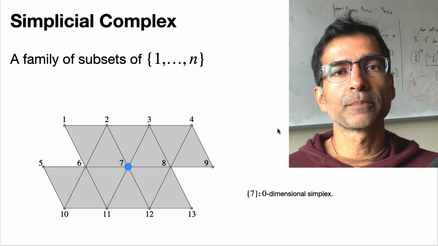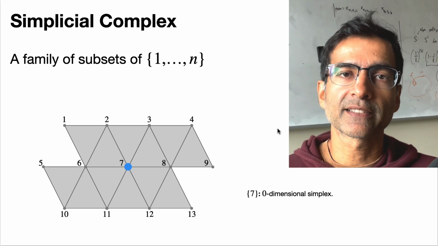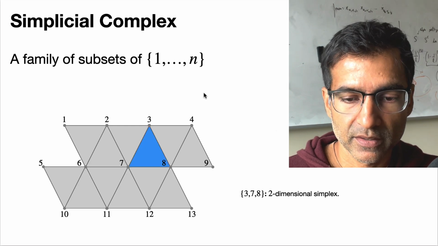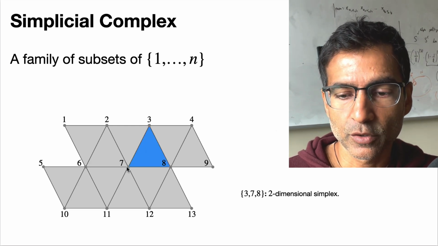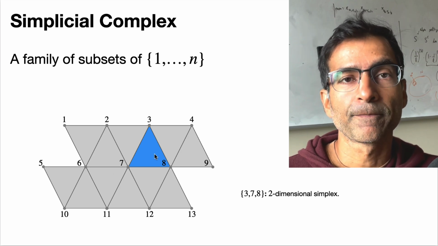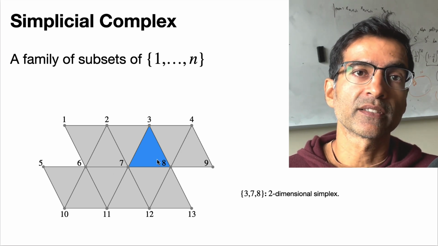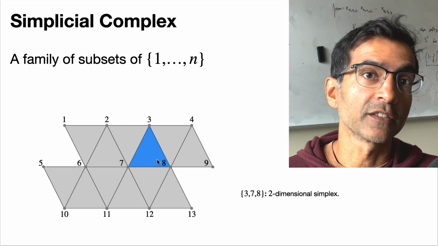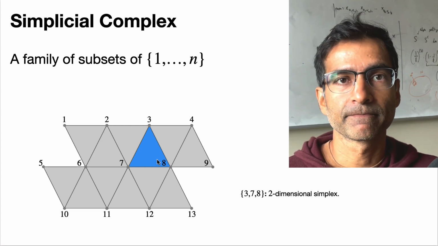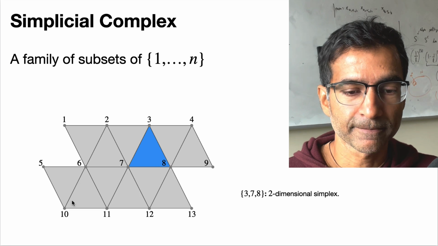Okay, so this is a simplicial complex. It's a collection of sets. And if you include, in this picture, a 2-dimensional simplex, which is given by these 3 points, then every subset of these 3 points corresponds to another simplex that belongs to the simplicial complex. So that's a simplicial complex.